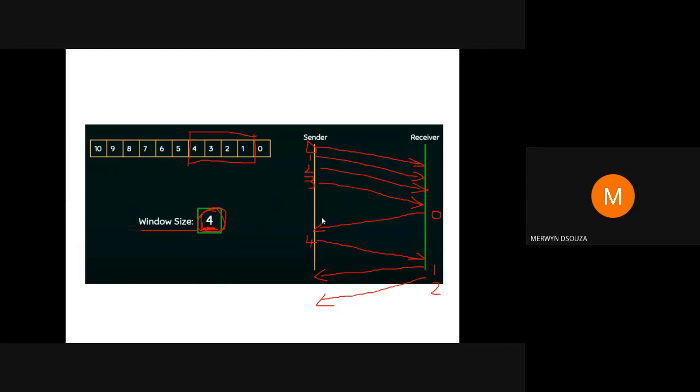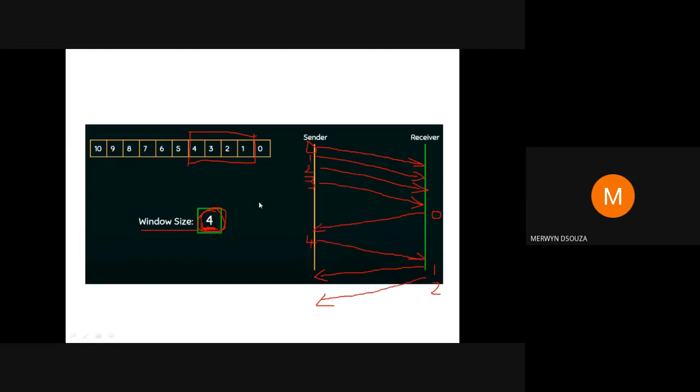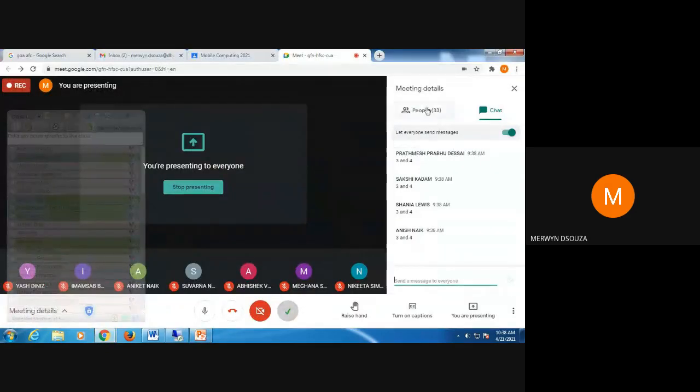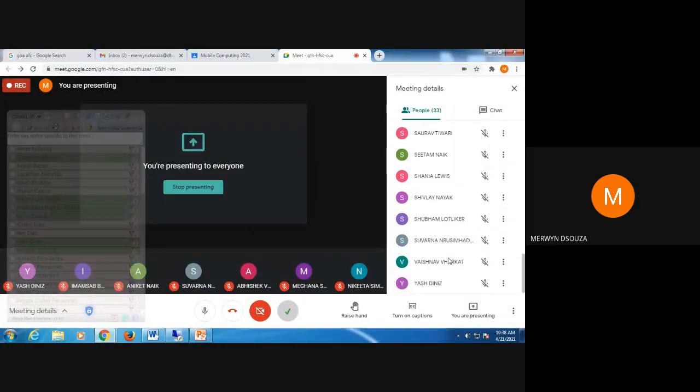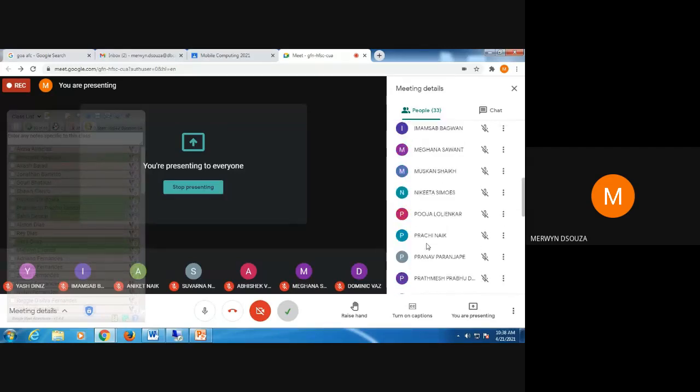Suppose the receiver sends acknowledgements for packets 3, 4 and 5, 6. Yeah, Saurav, can you try?